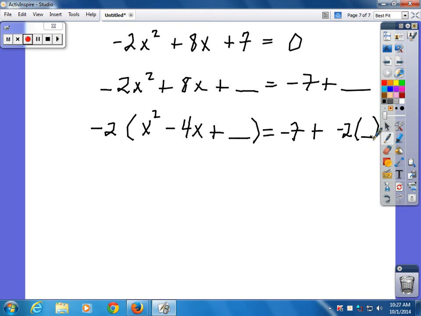In some cases this is easy because you got nice numbers and divide by 2. But if you don't factor out this negative 2 and you only factor out a positive 2, then you might as well just hang it up and go to the next problem because you're not going to get it right. So half of 4 is 2, 2 squared is 4.